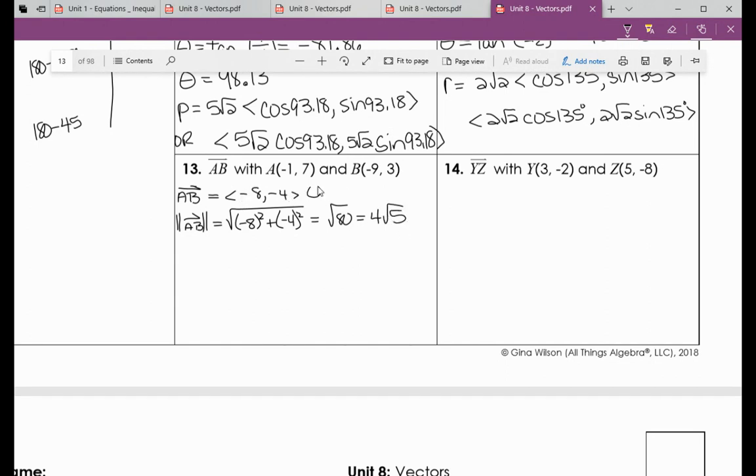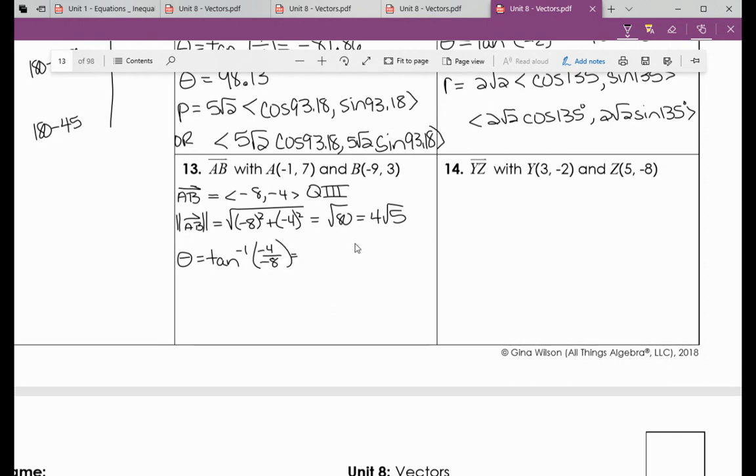This vector is in quadrant 3, so we are going to have to do a little finagling because our directional angle has to be between 180 and 270. So when I do my inverse tangent of b over a, so -4 over -8, if you want to just type in 1/2, that's fine.